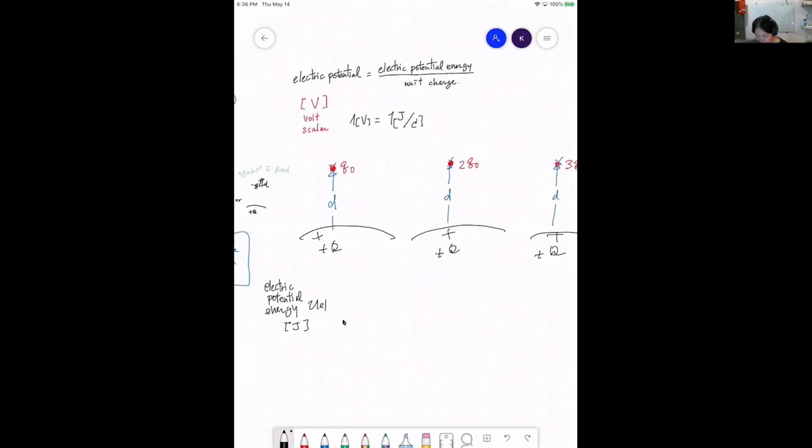And then what would be the electric potential? V, volts. So let's say that the electric potential energy for the Q naught in the first case is U naught, and then the electric potential, the volts at that location, is V naught.